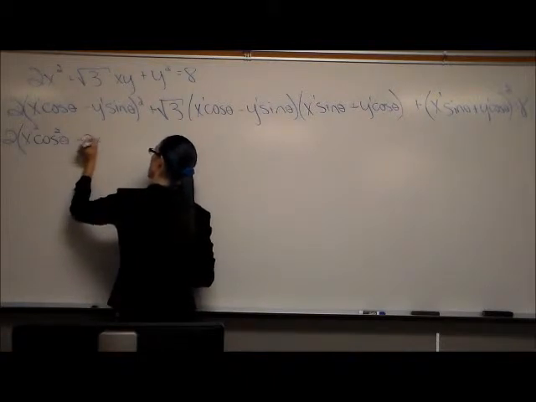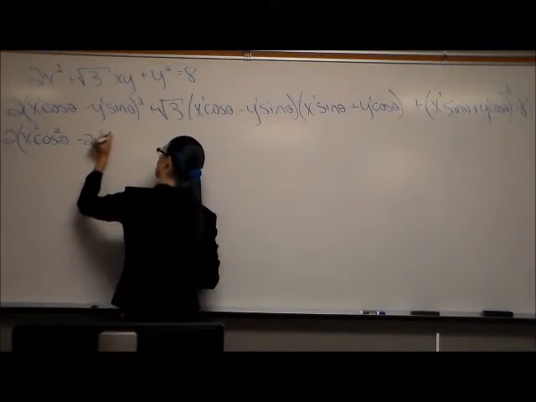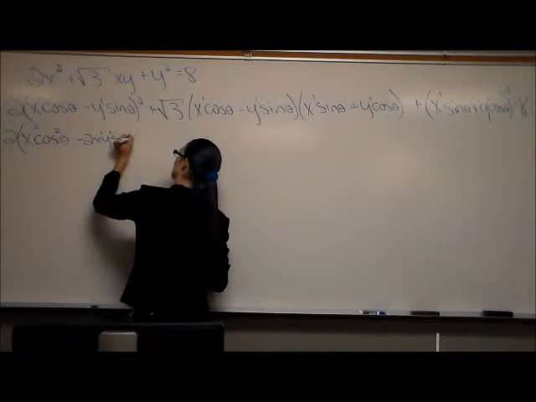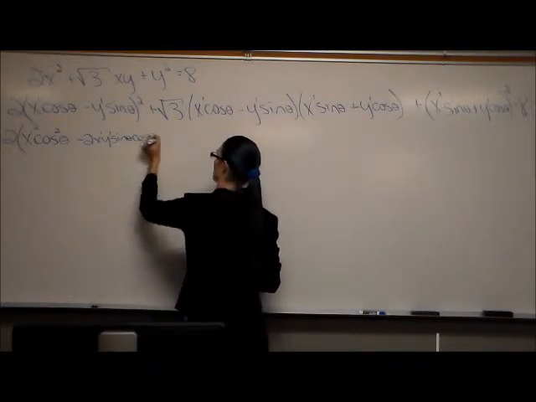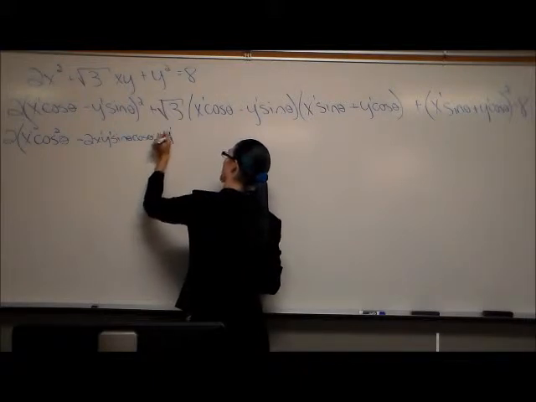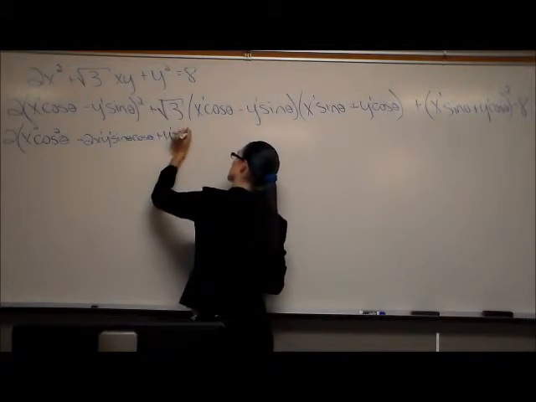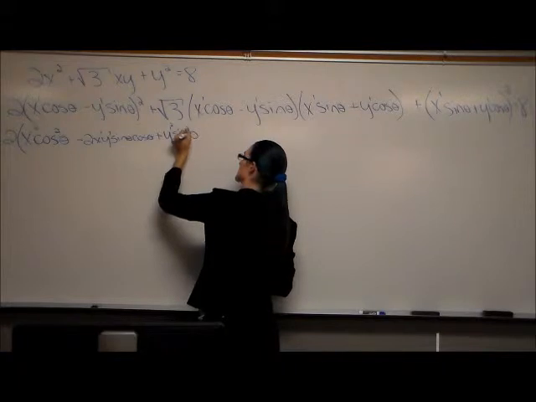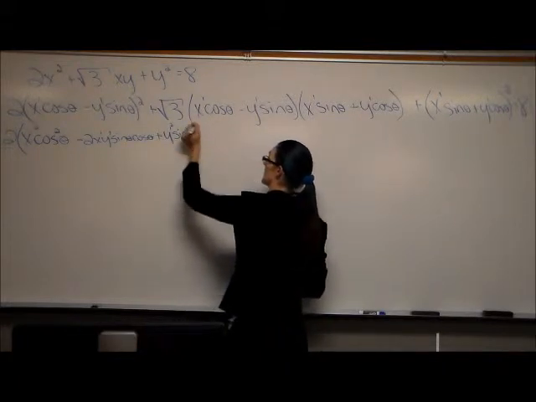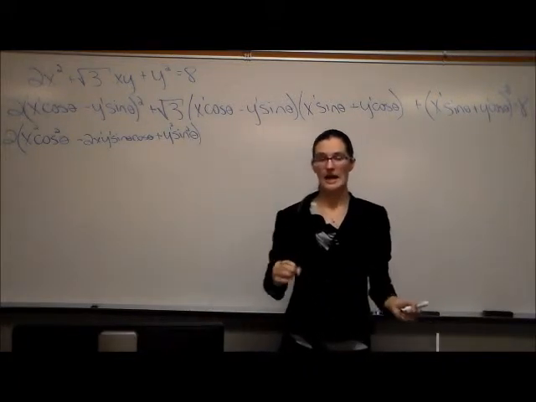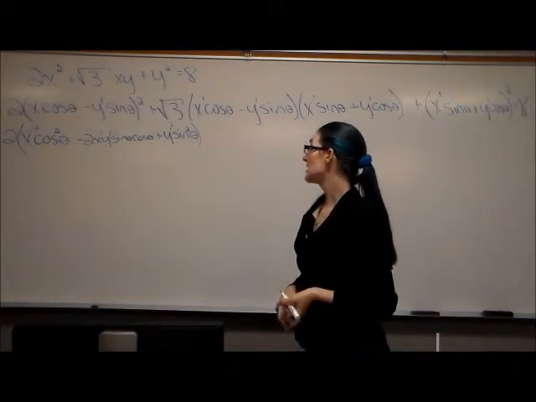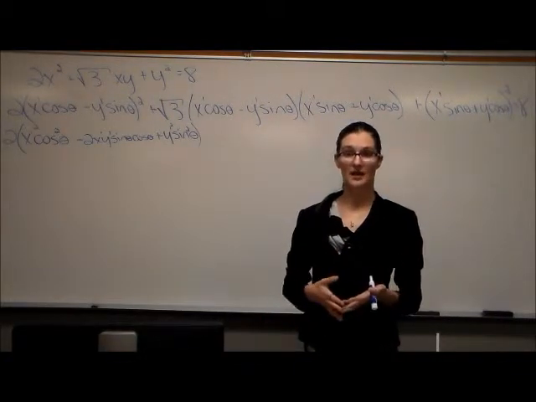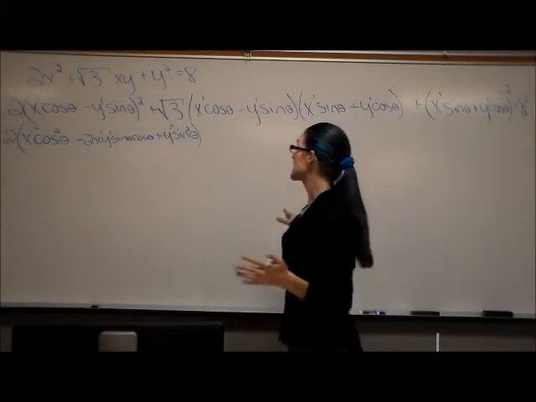Minus 2x prime y prime sine of theta cosine of theta. Plus y prime squared sine squared of theta. Be very careful here. It's real easy to miss a square, or to miss theta, or to miss an x or a y. Make sure you're not missing anything.